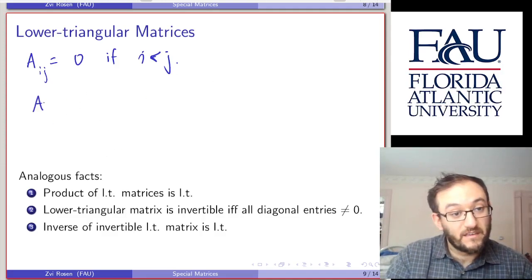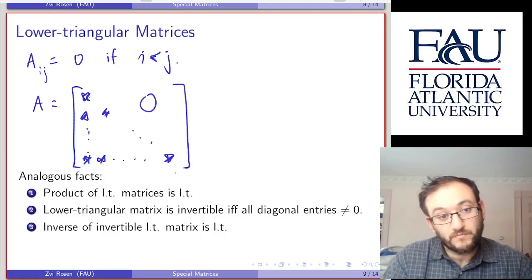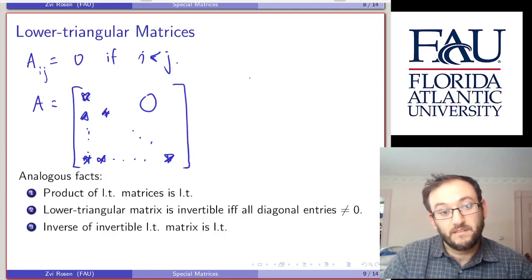That looks like non-zero entries here on the diagonal, as well as non-zero entries here, but everything up here is 0. This is an example of a lower triangular matrix.